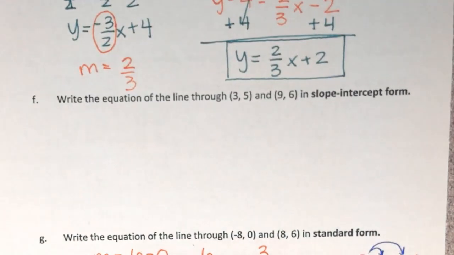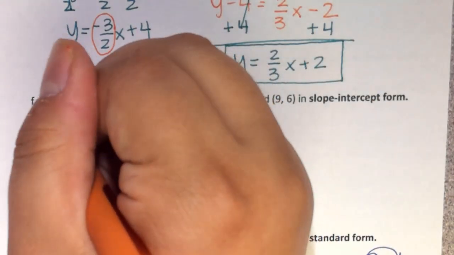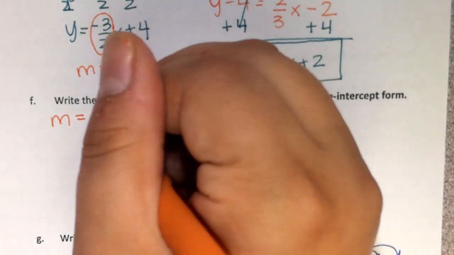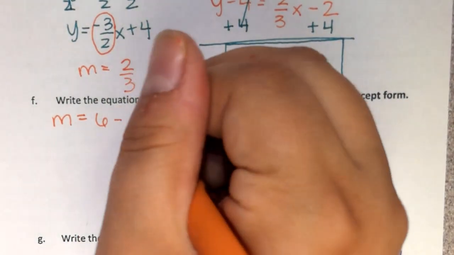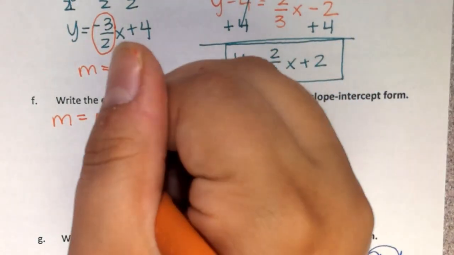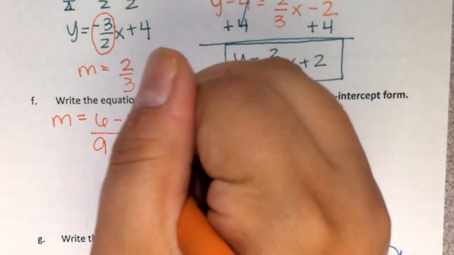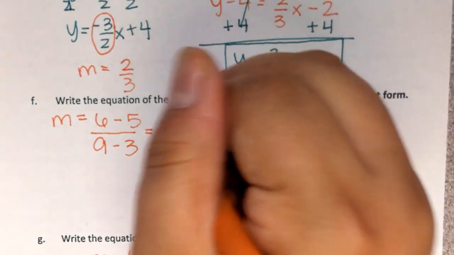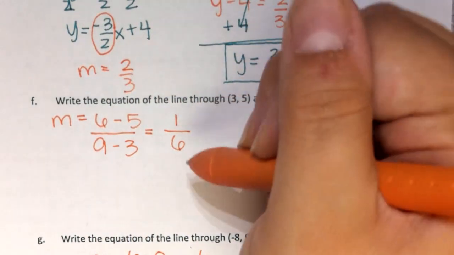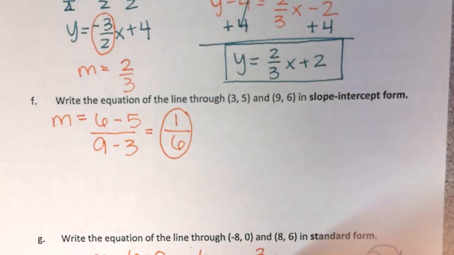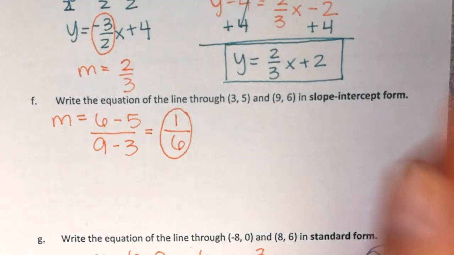And last one, write the equation of the line through these 2 points in slope-intercept form. So I'm going to do slope formula again. I have y2 minus y1 over x2 minus x1, which leaves me 1/6. And I'm going to plug it.